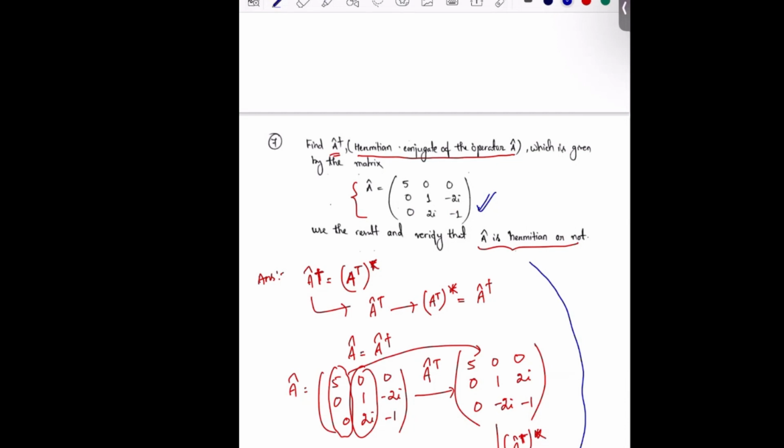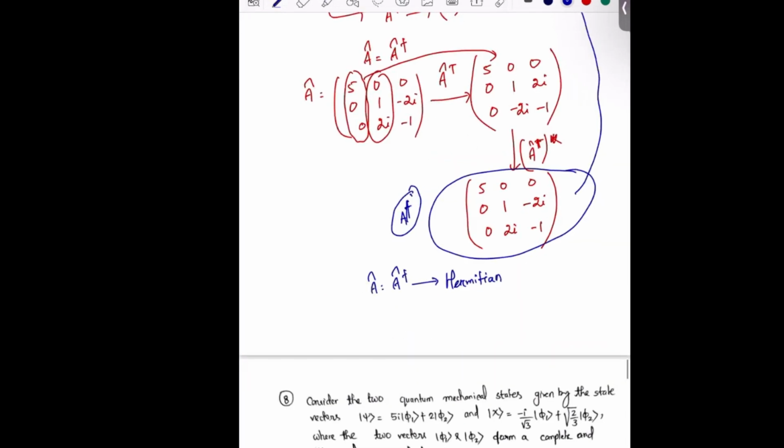Like what we say for a ket vector: if a ket vector psi is given to you, then we say that the dual of this ket vector is the bra vector psi, right? So these are dual conjugates of each other.